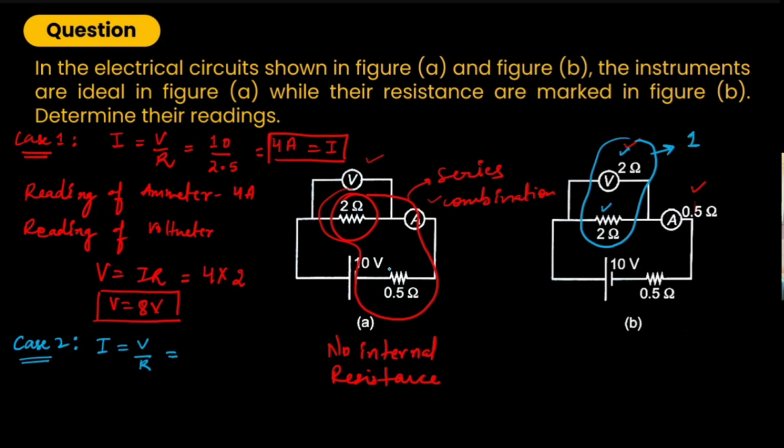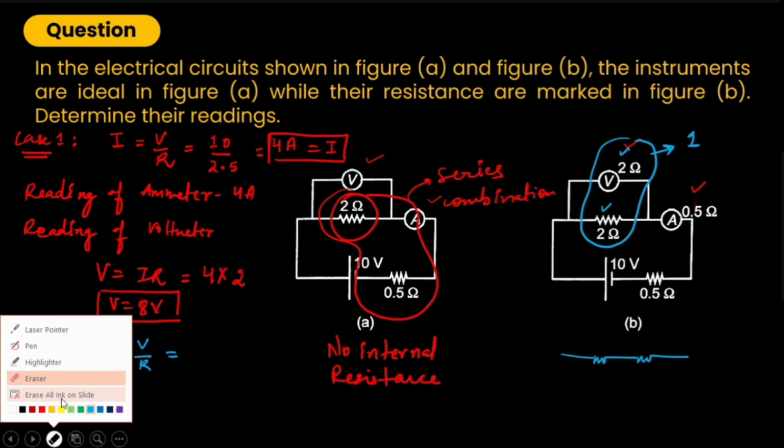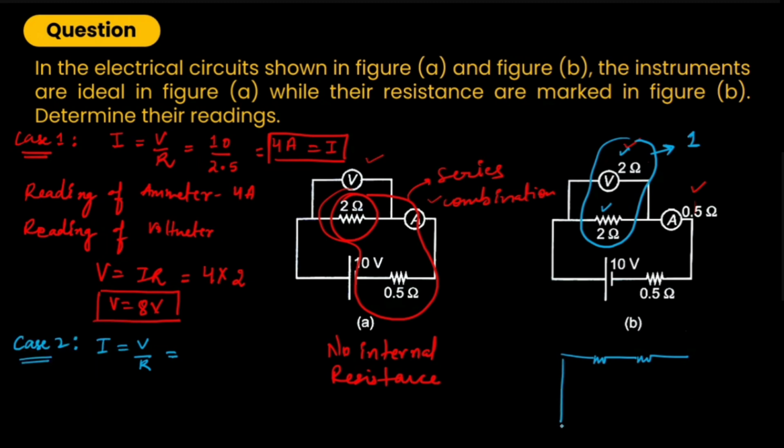So do you have to add 0.5? Yes, because if you look at the circuit after considering the 2 ohm internal resistance of the voltmeter, the circuit would look like this. This is supposed to be 1, this is 0.5, and this is also 0.5. Again, remember, this is the ammeter's resistance.